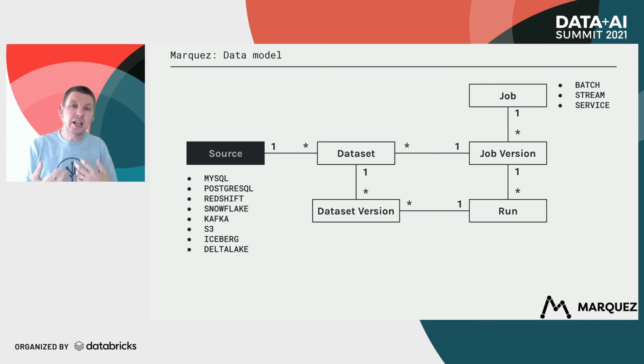It will keep track of whether the dataset schema has changed, and whether the job definition has changed, such as a new version of the code, or the inputs and outputs have changed. So it's taking those events and versioning the metadata as it's changing, so that you can keep track of the changes and understand how the data evolves over time.